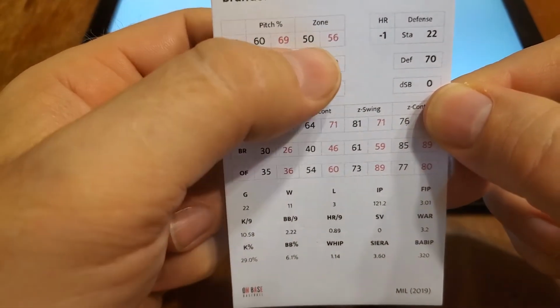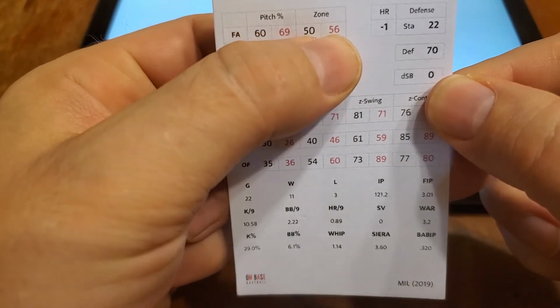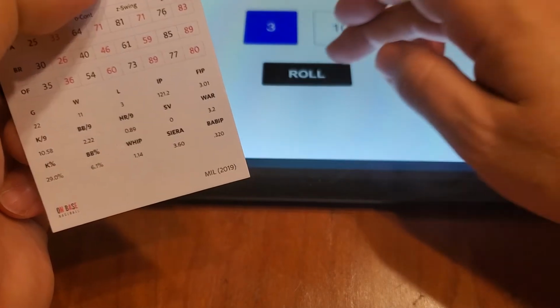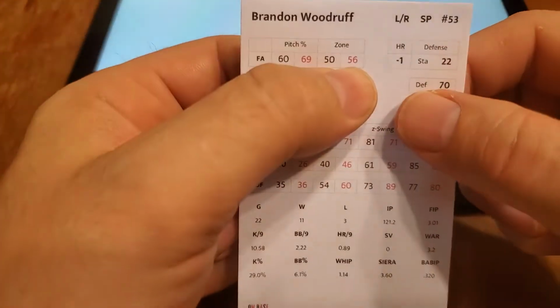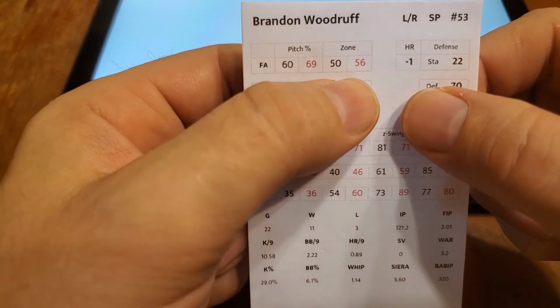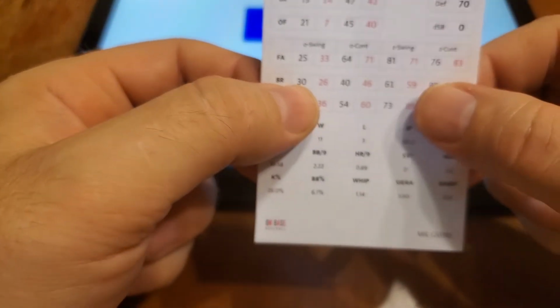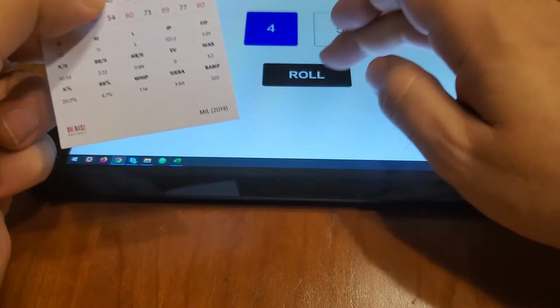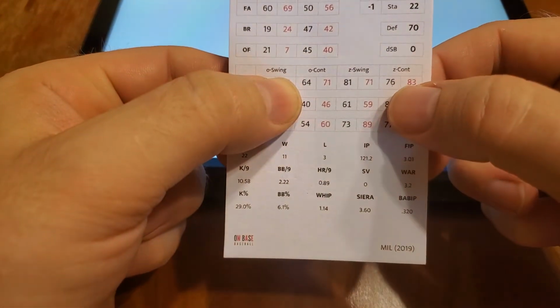So we're going to choose a fastball. If it's 1 to 56, it's in the zone. If it's greater than 56, then it's out of the zone. Remember, it's 3 balls and no strikes. Okay, it's a 45. So the plan was successful. The ball is in the zone. And then you would move to your swing roll. It's a 72.